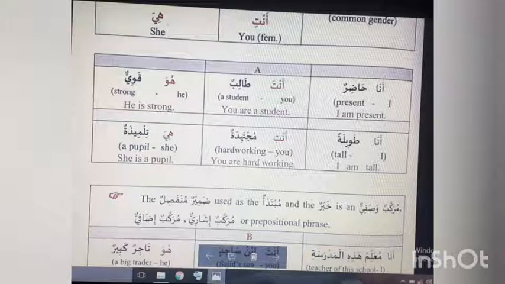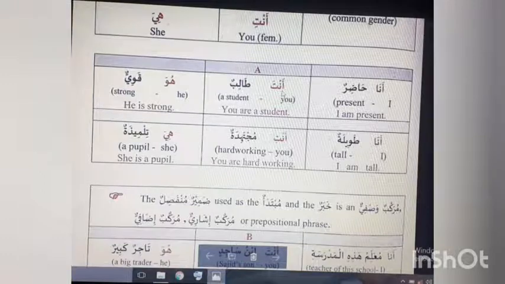So ana here is a detached pronoun. Now see anta talibun, you are a student. Anta here is a detached pronoun, but we use it for second person masculine singular. Talibun, since the second person masculine singular is talibun, that's why we use anta.